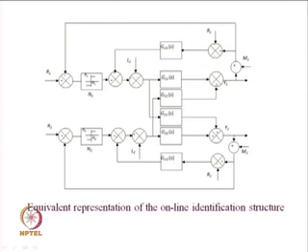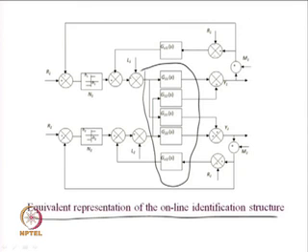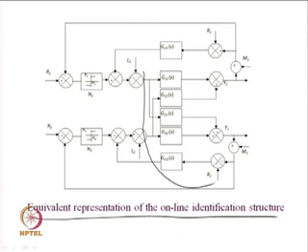The equivalent representation of the block diagram for the online identification scheme looks like this, where the relay sees a TITO system, and the TITO system is subjected to inner feedback controllers.